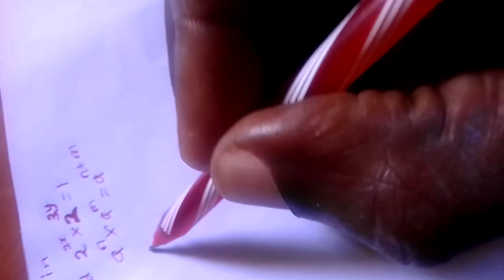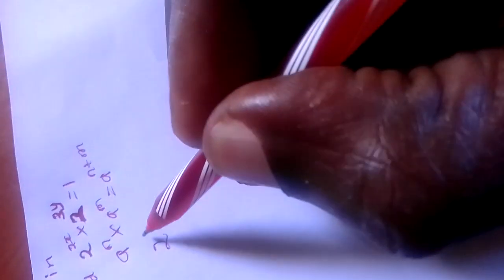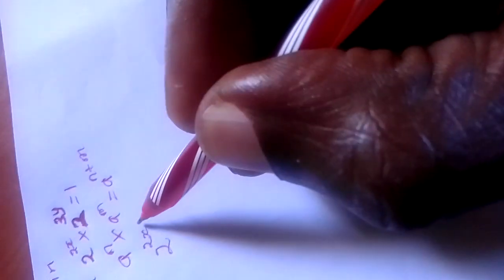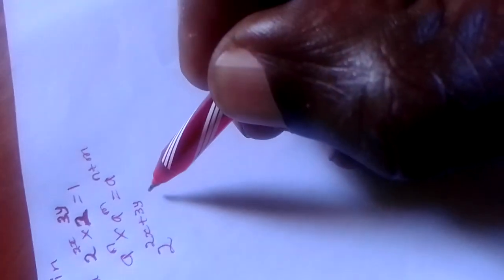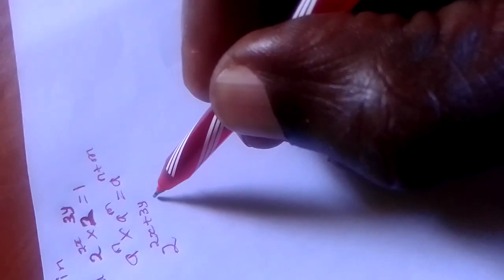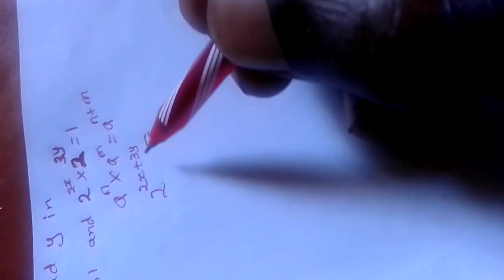So 2 power 2x times 2 power 3y will become 2 power 2x plus 3y is equal to 1.